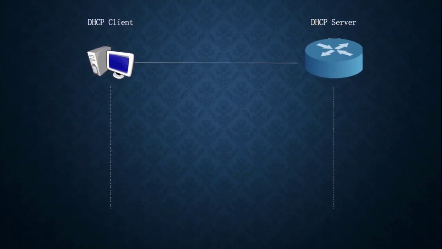If you have a very small network, as in this lab, where only a few PCs need to be configured with an IP address, it is not very difficult to assign the IP addresses statically. But if you have to configure 200 plus PCs with a static IP address, that is a very time consuming task for a network administrator. So in that case the DHCP protocol comes into play.